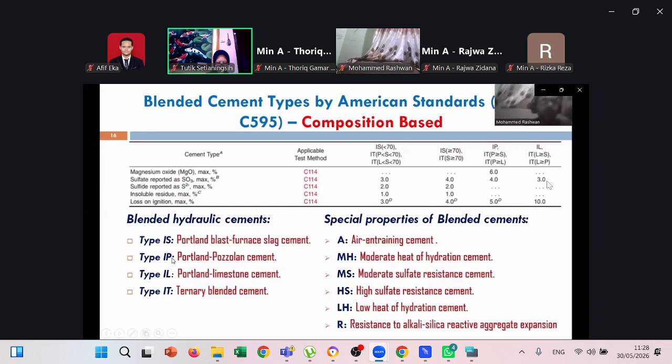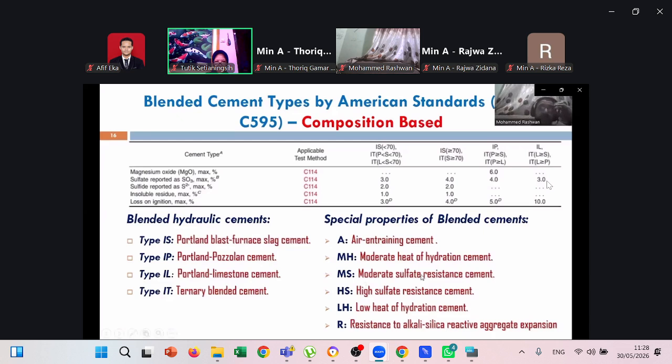IP is Portland pozzolanic cement, with either natural pozzolana or artificial pozzolana. IL is Portland limestone cement. IT is a ternary blended cement, maybe some percent of pozzolana plus percent of limestone and percent of slag.